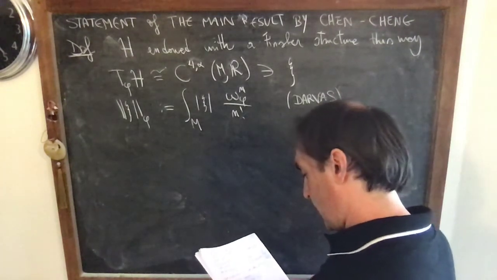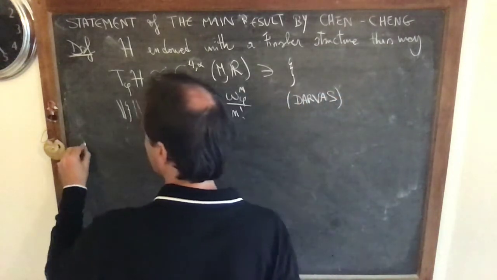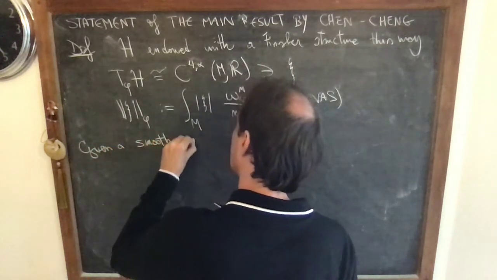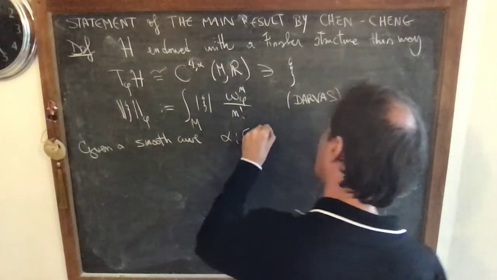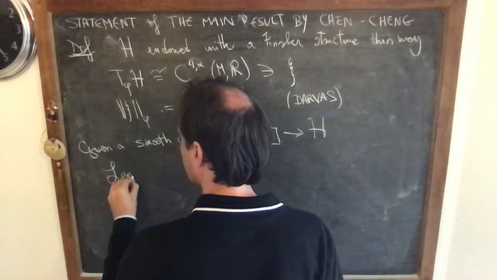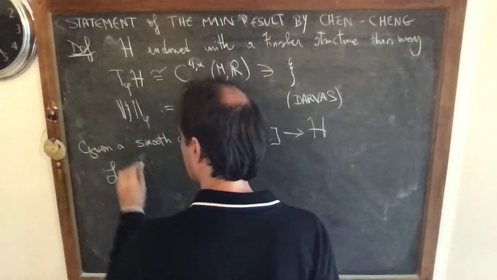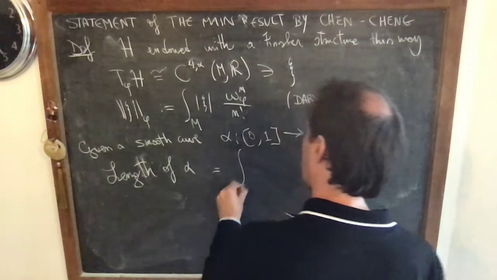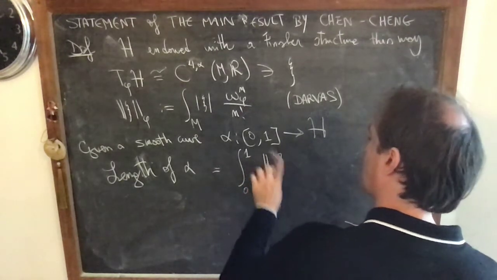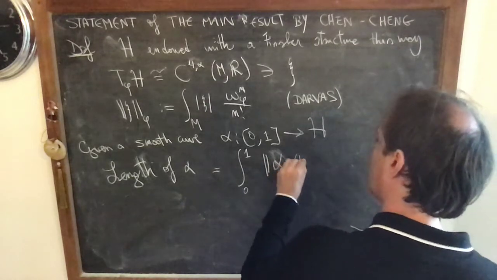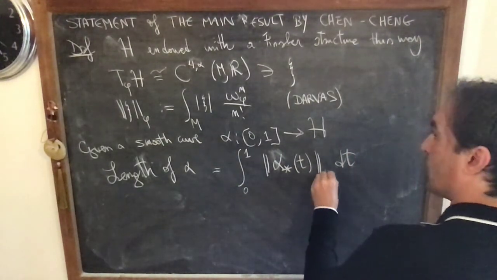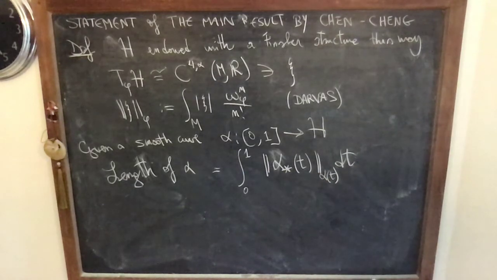And then given a smooth curve alpha from [0,1] to the Kähler class, we can compute the length as the integral of the norm of the push forward of alpha dot.